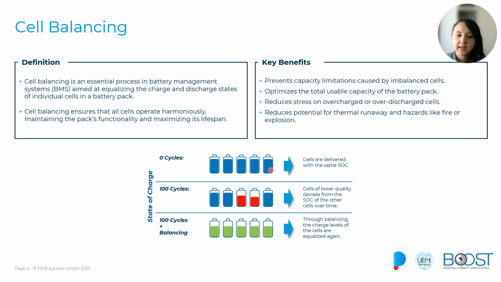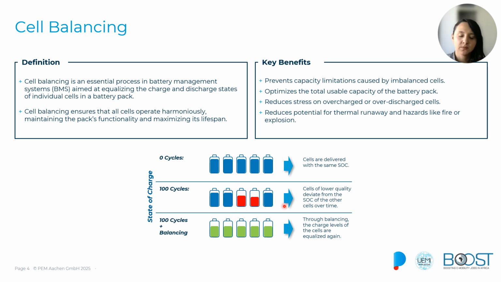As we start cycling them, in this example after 100 cycles, we see that there are already some differences in the state of charge, and for instance cell number 3 and cell number 4 already deviate in the state of charge from the other two.